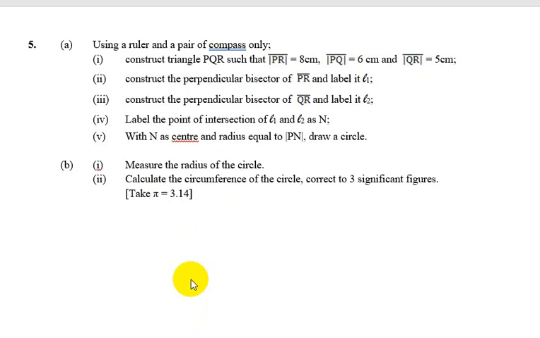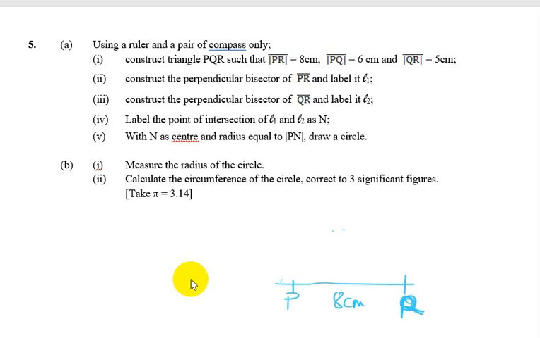So our first one will be P and R, that is 8 centimeters. They are saying that there's Q up here, somewhere up here, but from P to Q is 6 centimeters.